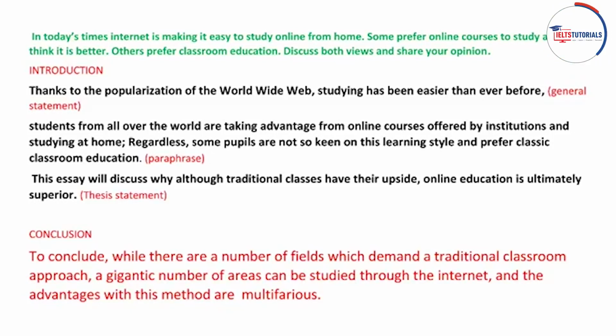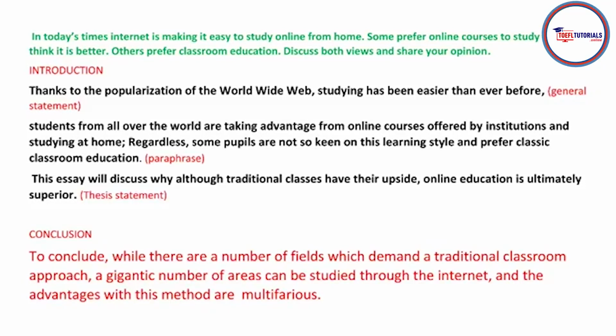See, I have paraphrased this beautifully. Students from all over the world are taking advantage from online courses. This is the one and the same thing my topic is saying: some prefer online courses to study and they think it is better. Others prefer classroom education. So what is this? Students from all over the world are taking advantage from online courses offered by institutions and studying at home.